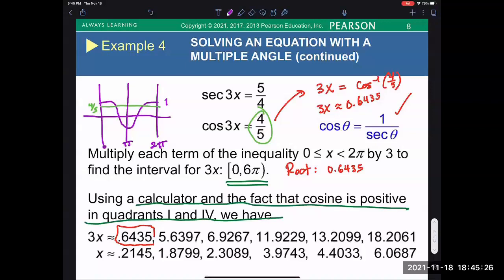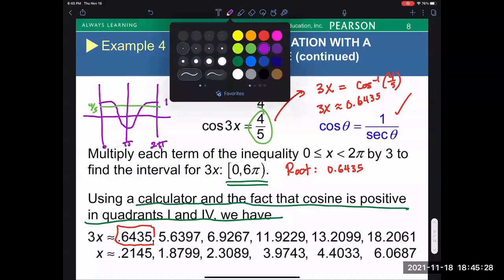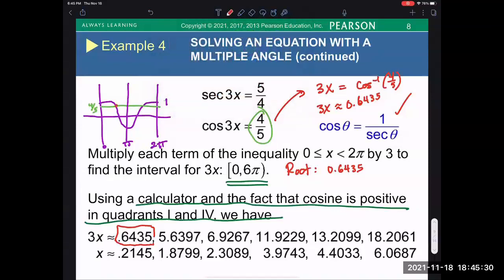That's the restriction for the cosine inverse. So the cosine inverse function gave us this answer, which starts from 0 and goes to the right. I'm just going to put 0.6435, something like that. So that first solution is about 0.6 to the right of the 0 starting point.